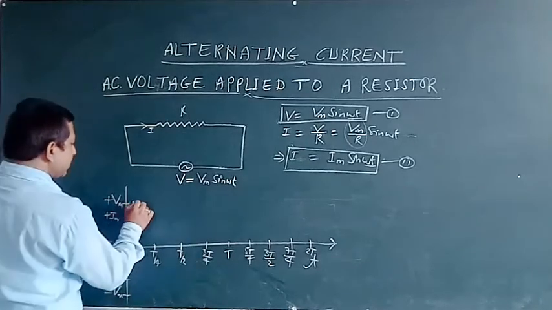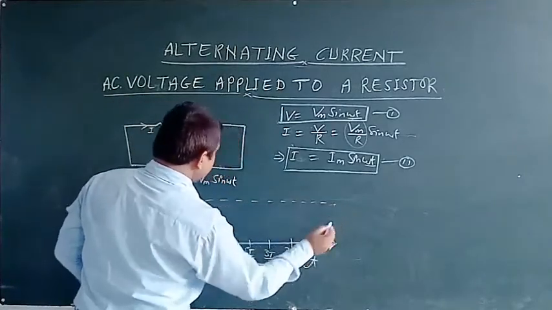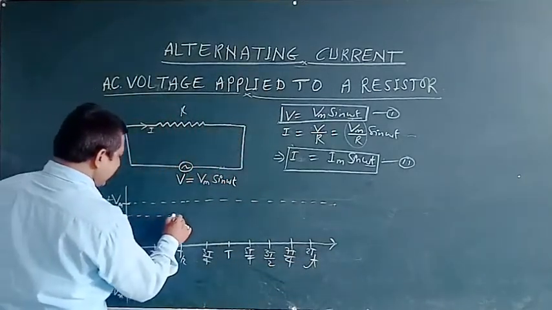Then you can plot the graph for potential and current simultaneously on this single graph.